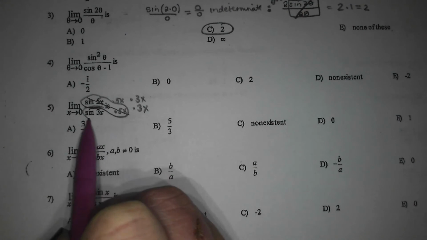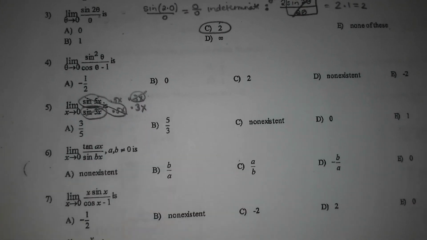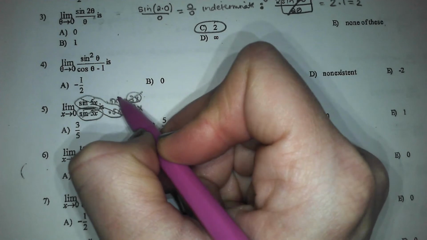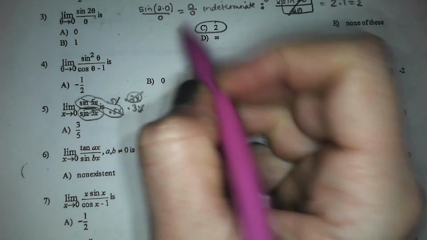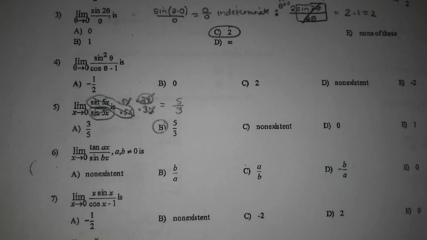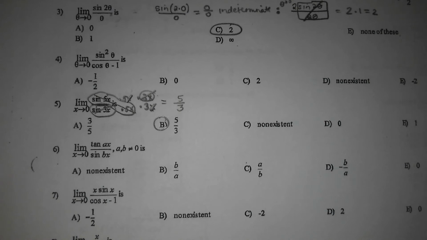The limit of this sine of 3x over 3x is just 1. And then your x over x cancels. And so this whole thing just ends up being 5/3. Any questions on that?